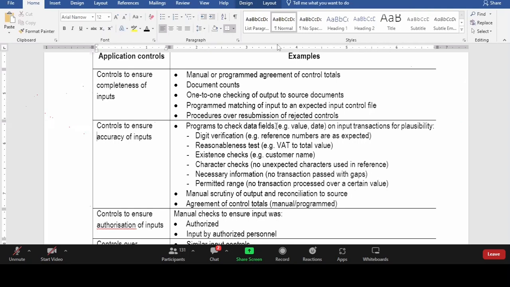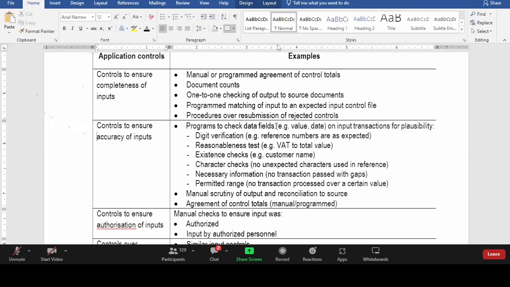Existence checks. You cannot withdraw money unless you have an account. That's why existence check. In order to sell, to post an invoice, there must be a customer. You cannot process an invoice unless there is a customer's account.